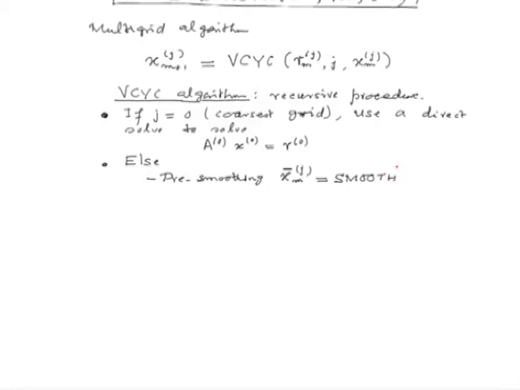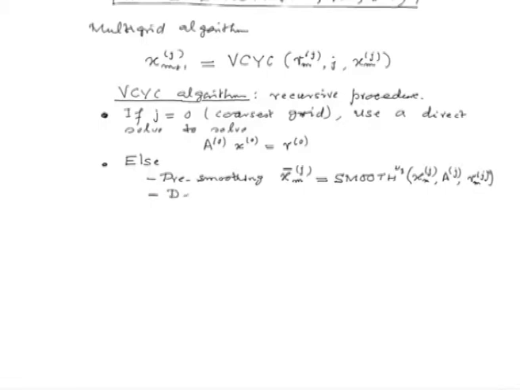So, let us use a superscript nu1 to denote the number of Jacobi or Gauss-Seidel iterations which you want to use, starting with the initial guess x m subscript j for system matrix A j and this residual vector R m of j. This nu1 could be as small as 2 or 3, that we might just use 2 or 3 iterations of the Gauss-Seidel or Jacobi iteration for pre-smoothing.